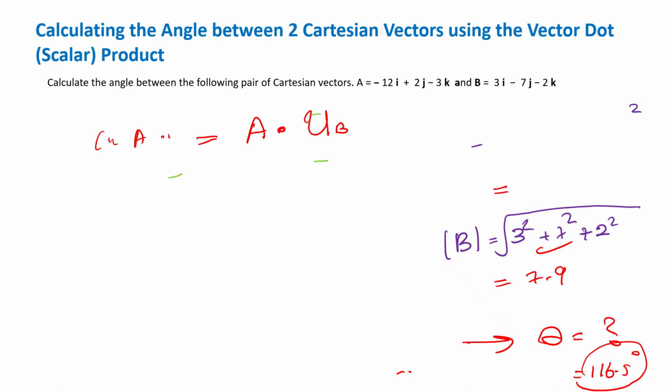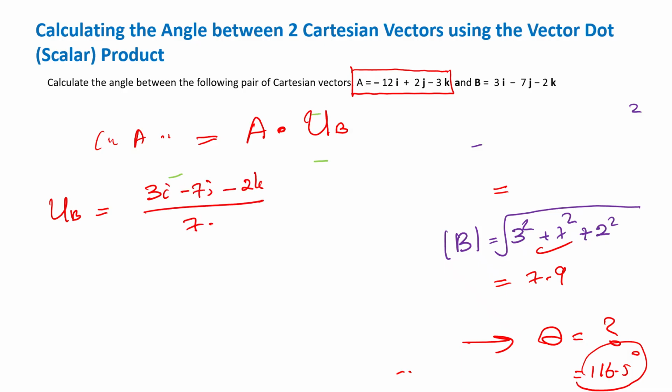Is that clear? What is A? A is this. The unit vector of B is what? You divide B by its magnitude, which is already found, 7.9.